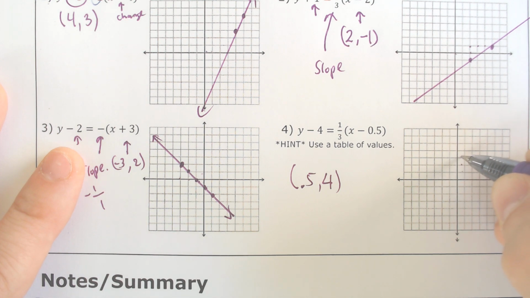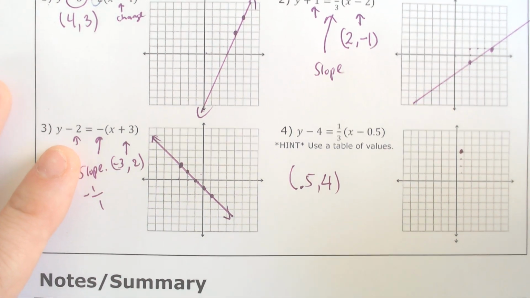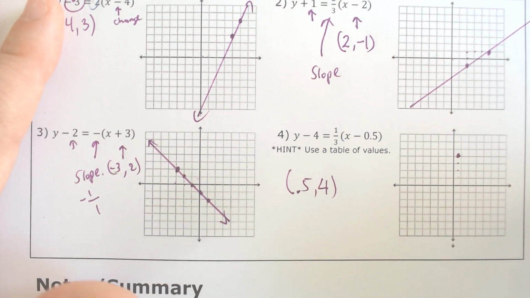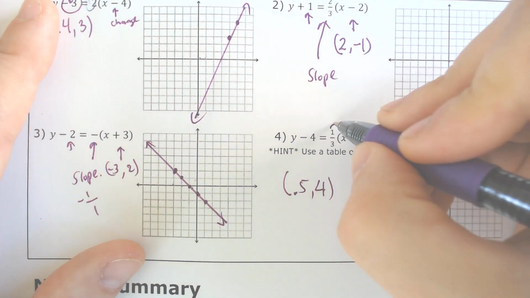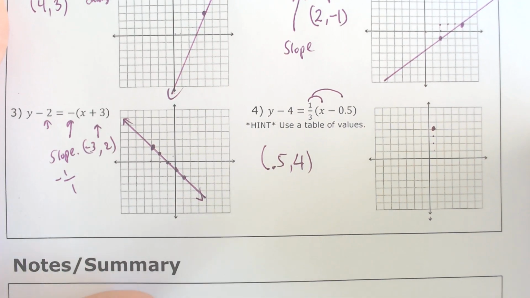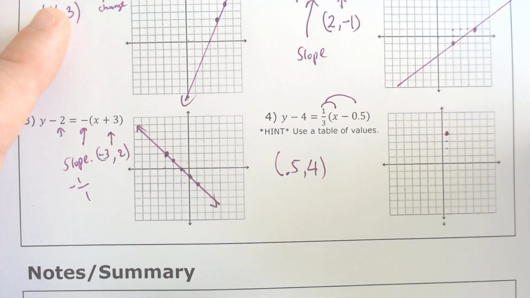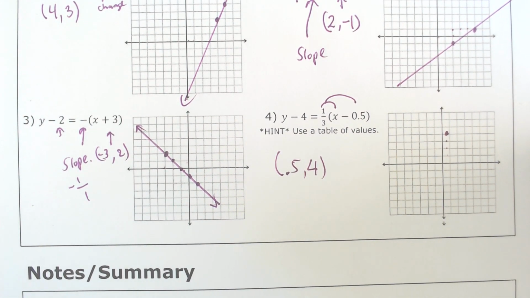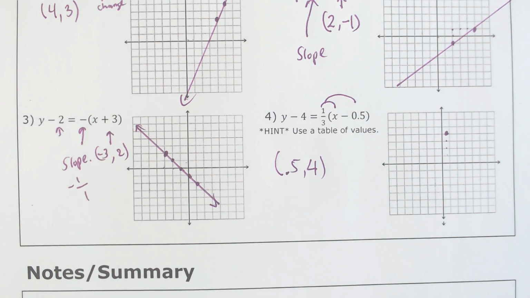You can use a table of values for this. You can also, if you think that distributing will help and getting it in y equals mx plus b form will help, then you can attempt that, which we might attempt. I don't know. Let's see, what is 1/3 times 0.5? It ends up being 1/6. I don't know if that's the play.